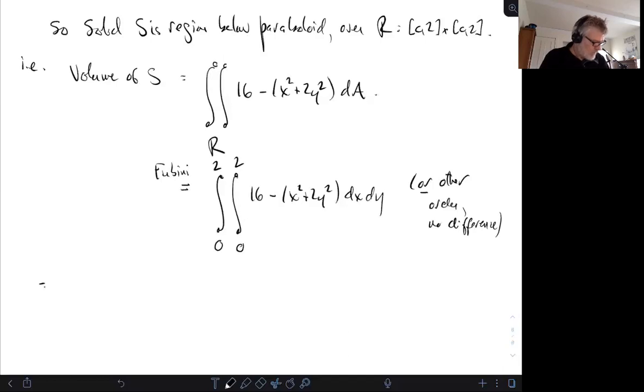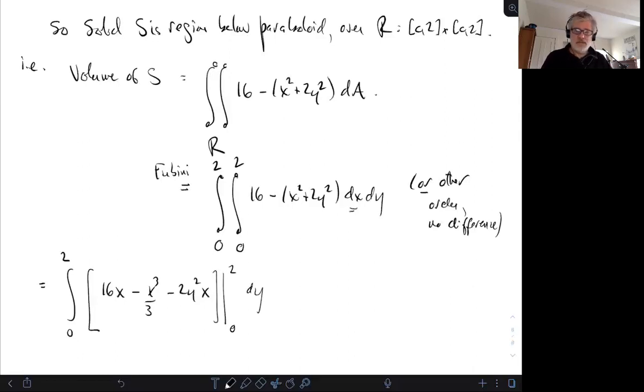Okay, so when you have an iterated integral, you start on the inside first, so I'm integrating with respect to x. This is my outside integral. If I'm integrating with respect to x, this is 16x minus x cubed over 3 minus 2y squared x, right? y is a constant. This is between 0 and 2.